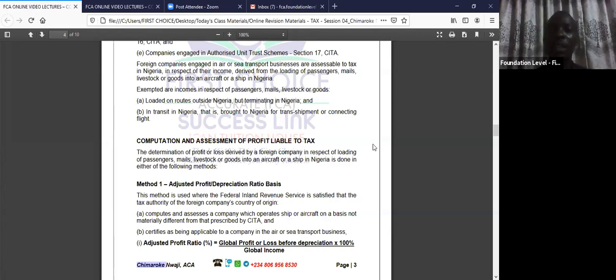What it means is that our profit is 40% of our income. So if on the global scale 40% of global income is the profit, that means in the Nigerian case, 40% of Nigerian income should be the profit. That is the essence of getting the adjusted profit ratio.